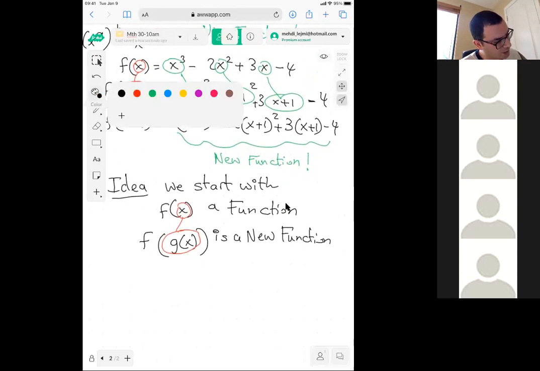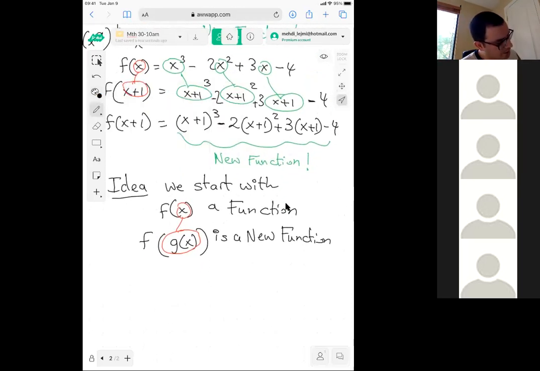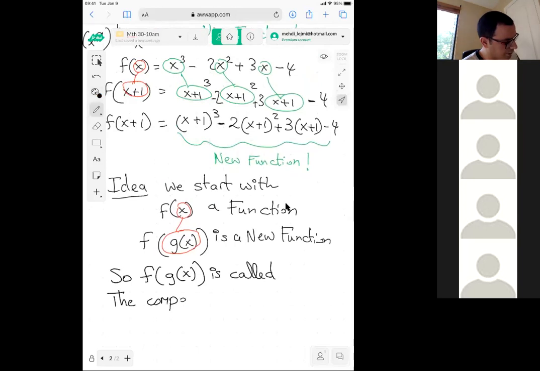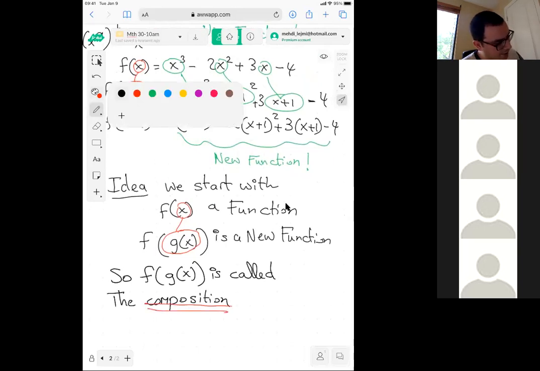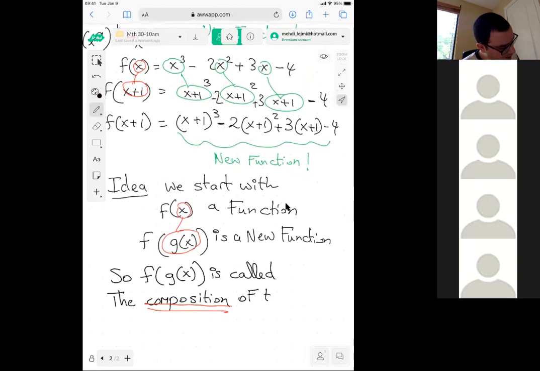So f of g of x is called the composition of two functions f of x and g of x. Okay.